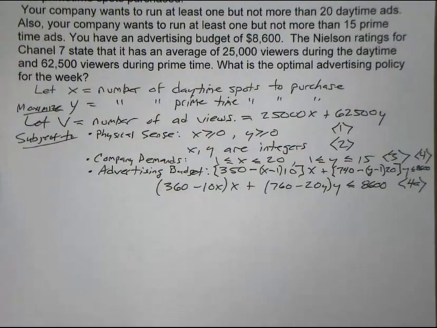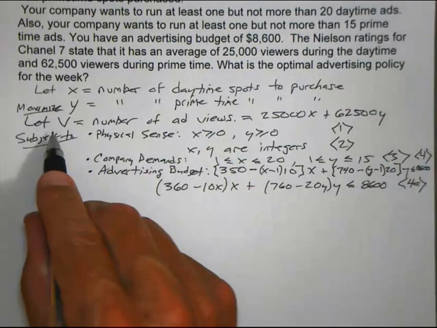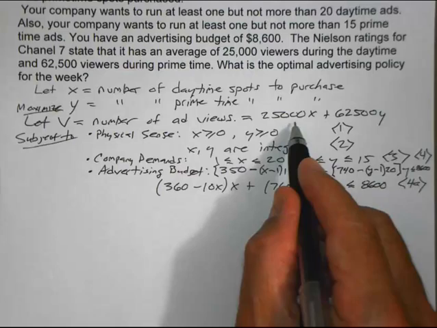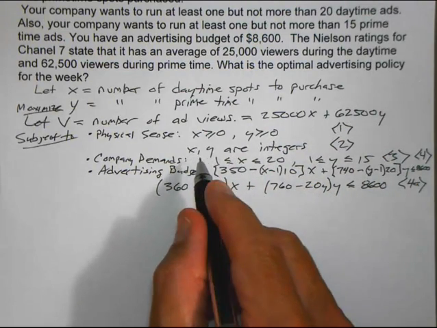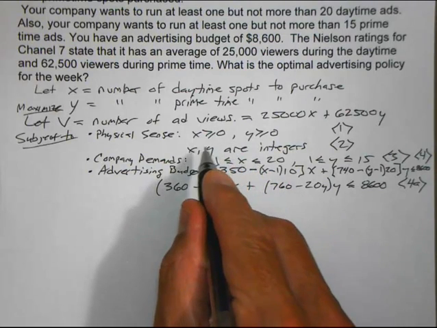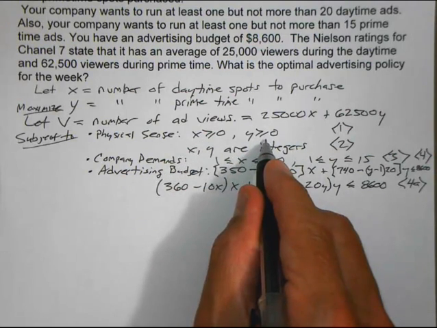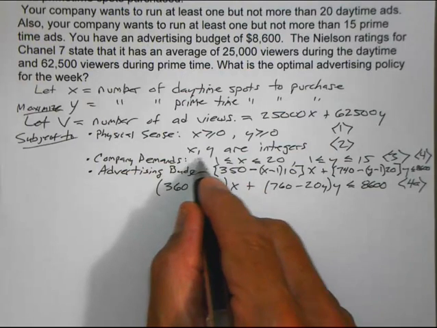So let's see, what do we think about this math model? I think that's all of the restrictions for the domain. Here's our function that we're trying to maximize. It's linear. Okay, let's look at these restrictions on the domain. We have here a linear constraint, x and y are integers.